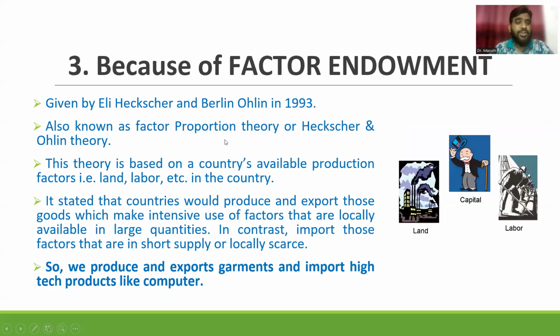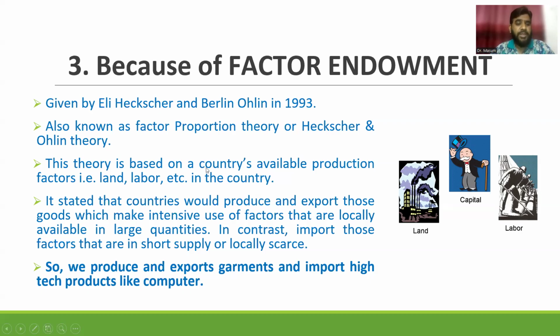Why is the garments industry in Bangladesh? Because of factor endowment. Factor endowment is also an economic theory. This theory is based on a country's available factors of production: land, labor, capital, and entrepreneurs in the country.